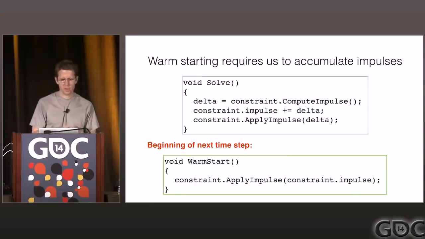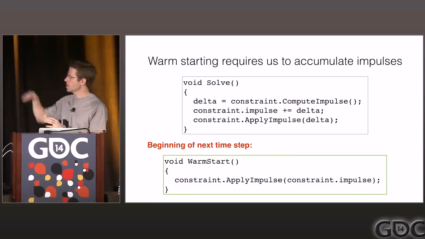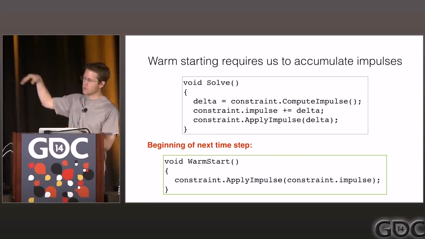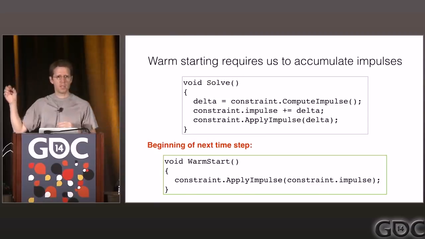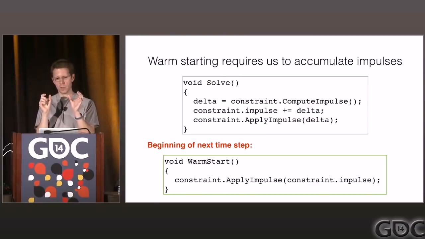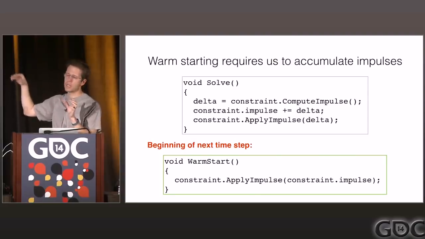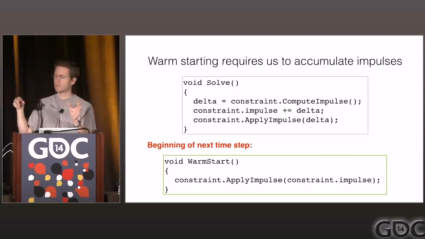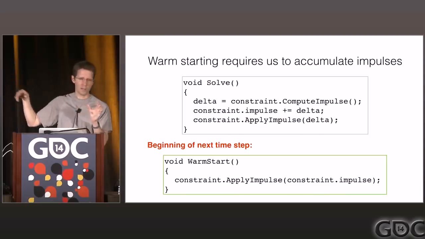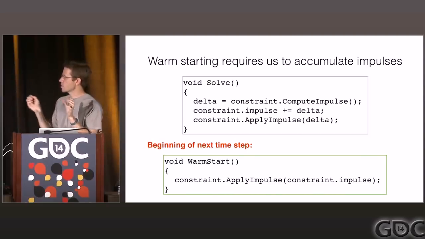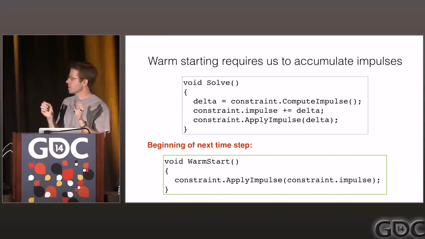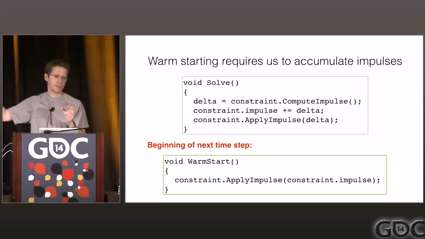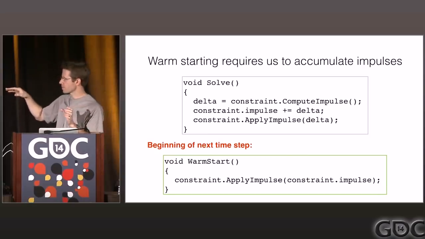So here's how that works in pseudocode. Let's say I have my solver and it's computing these incremental impulses, and then adding those impulses up into an accumulated impulse. So I compute an incremental impulse each iteration that I pass through for that contact. And then I'm just storing all those incremental impulses up, and then I apply that incremental impulse.